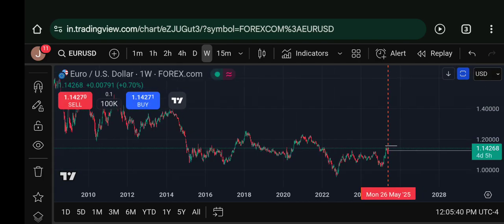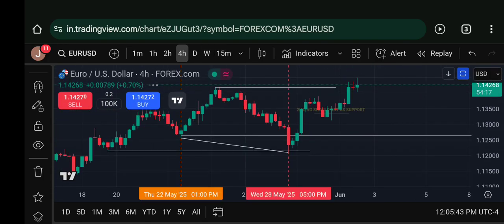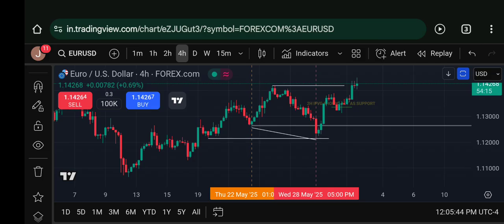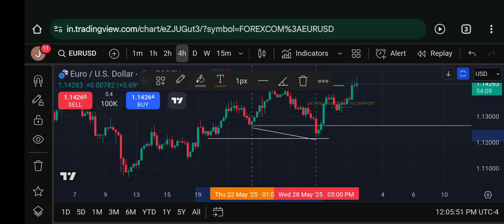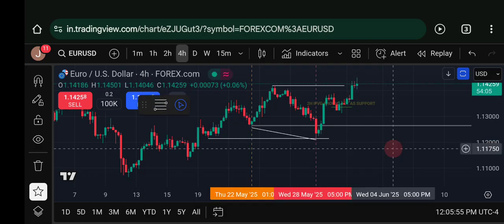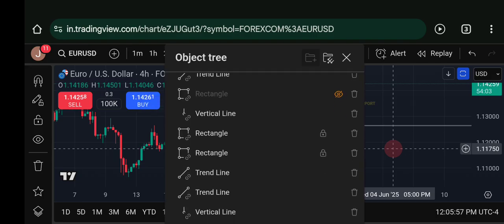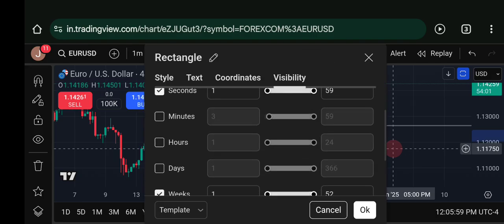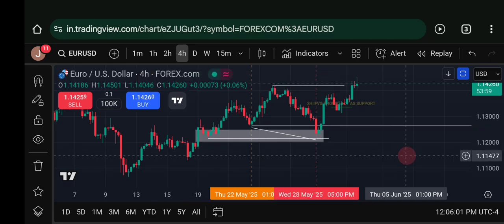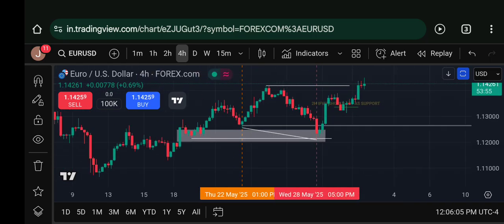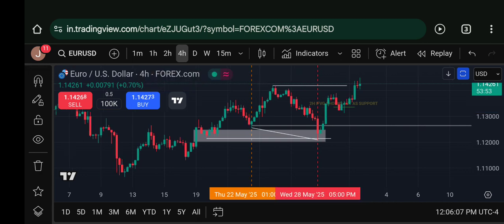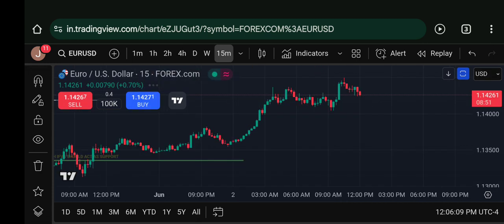Weekly IRL to ERL and 4-hour IRL, that is this order block plus fair value gap, to this external liquidity, and on 15-minute SMT.